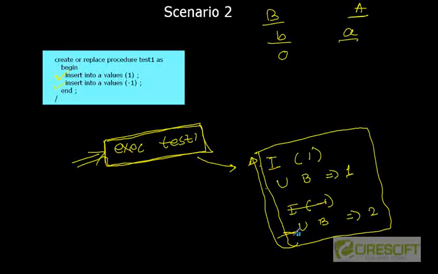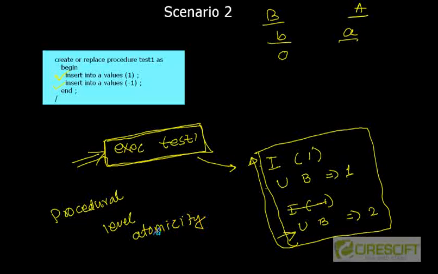Since this fails when we try to insert -1, all the other statements before it are also rolled back, as if nothing has happened. This is called procedural level atomicity.